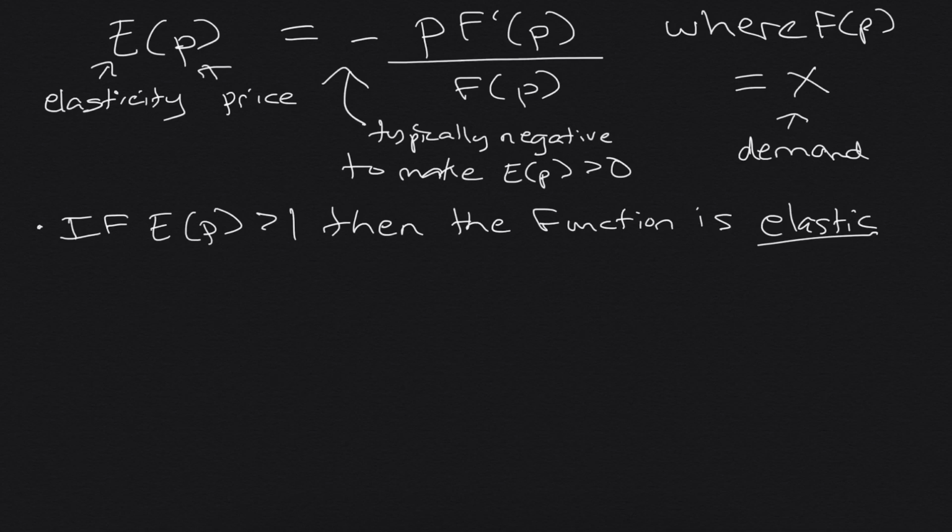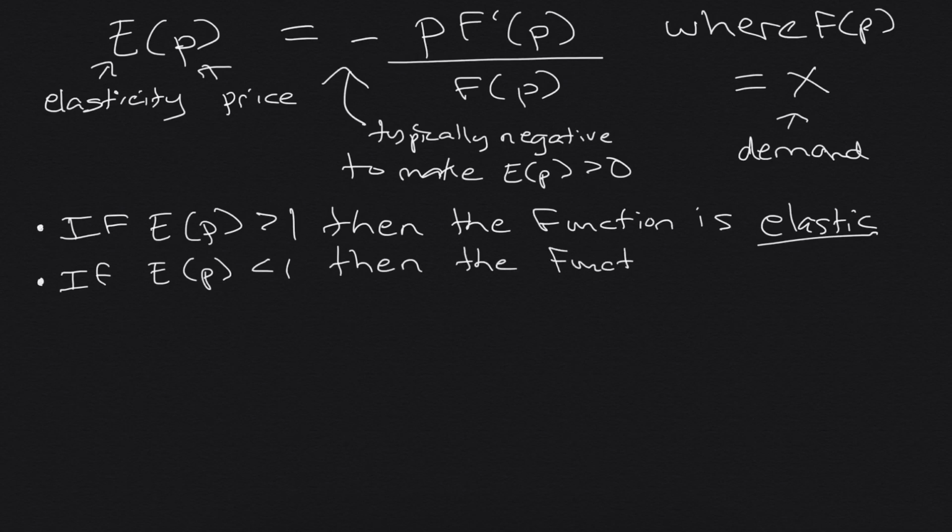On the other hand, if E of P is less than 1, then the function is called inelastic. And in that case, if you change the price a little bit, the demand itself is going to change by an even smaller amount relative to how that price was changed.